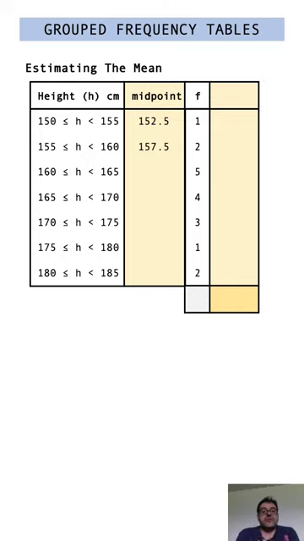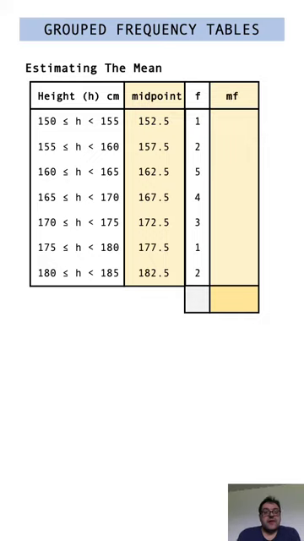And it's the same with the other groups. We're going to assume that everybody in each of those groups is right in the middle of the group, because in the absence of any better information, that's the best we can do for an estimate. So here are the midpoints of each of those groups.